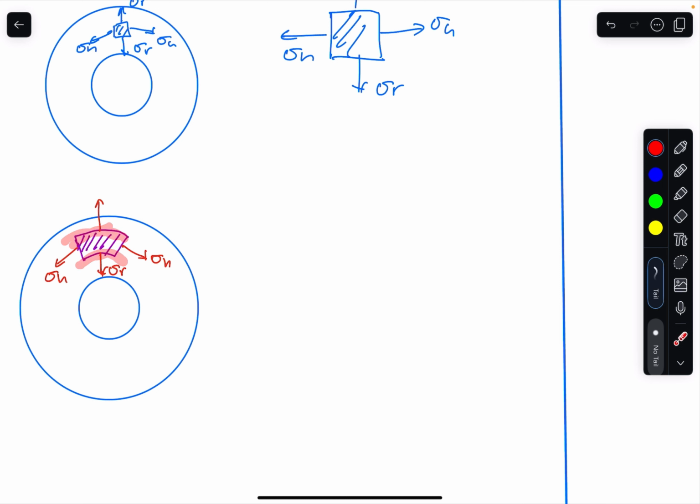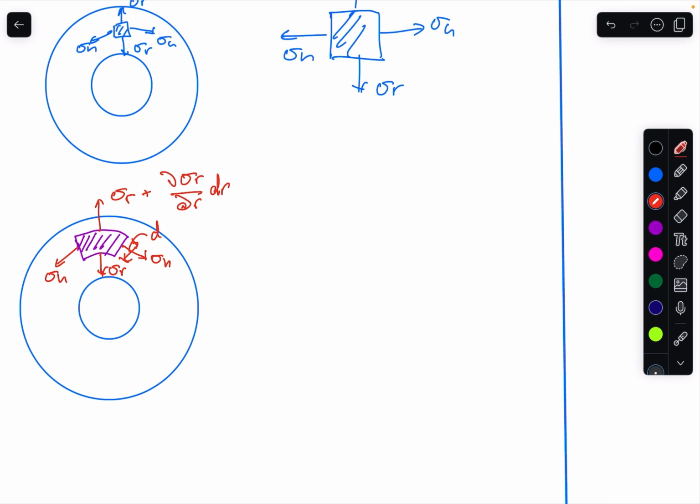So the sigma r here is whatever value, sigma r, and over here we have a different value, sigma r, what it was originally, plus the change in the stress. As you move up, sigma r changes with respect to the radius, so that's d sigma r over dr times the distance we move, which we can call dr.